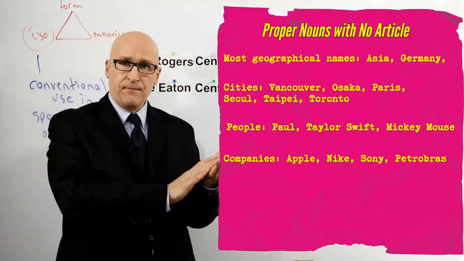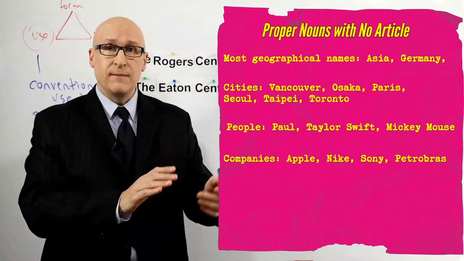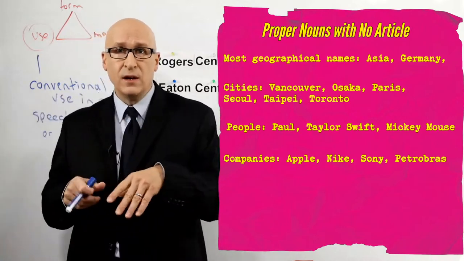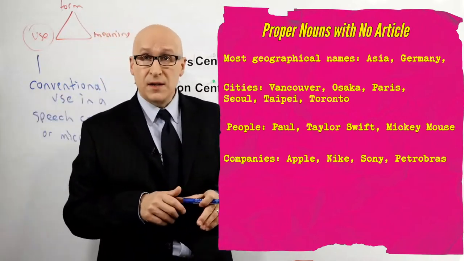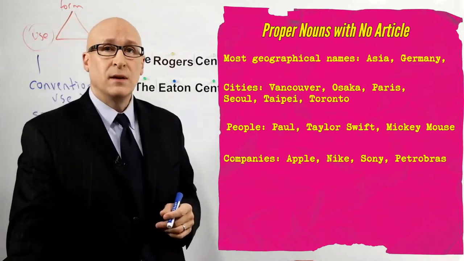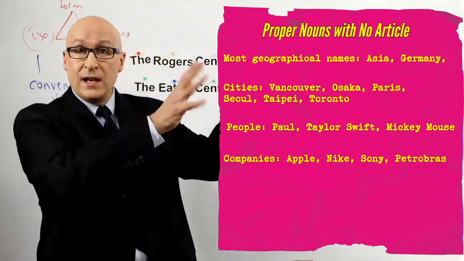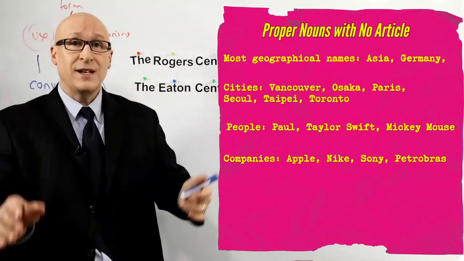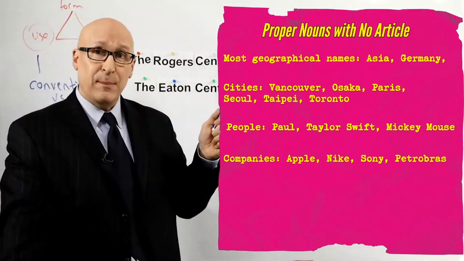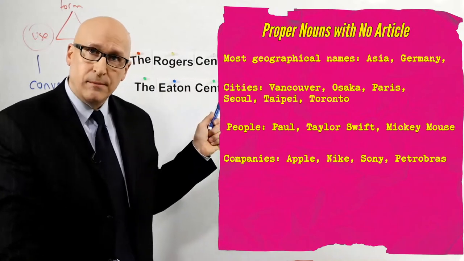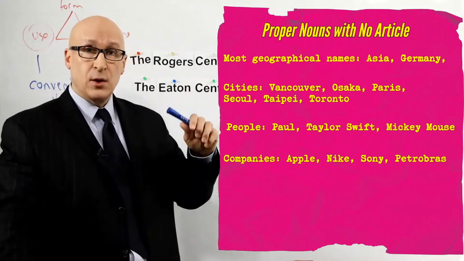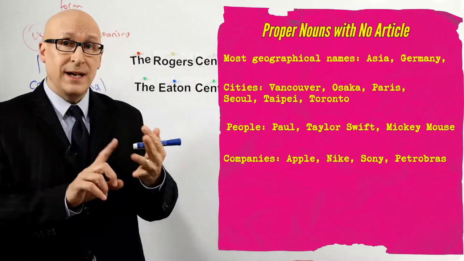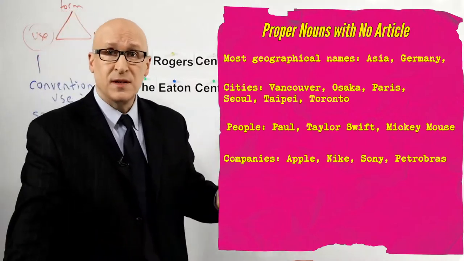Continents like Asia, countries like Germany, cities like Vancouver, Osaka, Paris, Seoul, Taipei, Toronto, and people like Paul, Taylor Swift, or even fictional people like Mickey Mouse, fictional characters get a capital, but they get no article. Also, corporations, companies like Apple, Nike, Sony, Petrobras in Brazil.